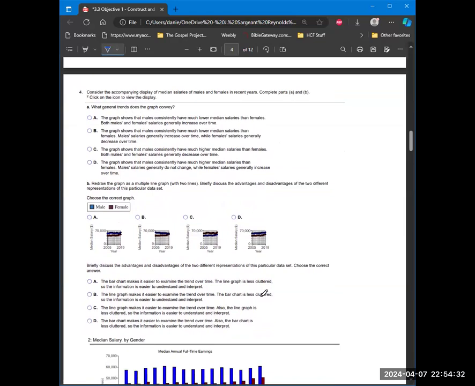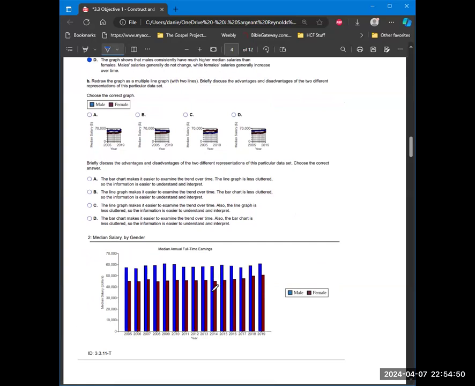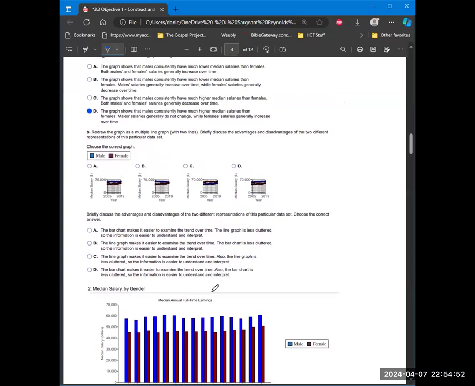The graph shows that males consistently have a much higher median salary than females. Males' salaries generally do not change, while female salaries generally increase over time. So yes, that's what I noticed the trends to be. So now let's represent this data here as a multiple line graph with 2 lines.